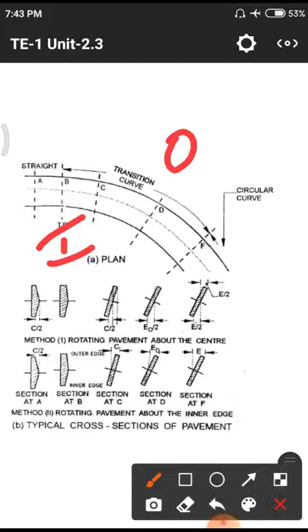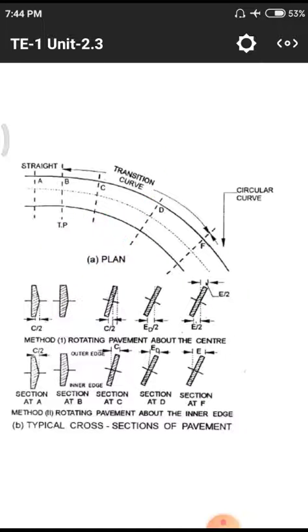This is approximately the center point for the particular radius, so the line that is nearer to the center is the internal line and the line that is farther is the outer line. Those two things you have to remember.